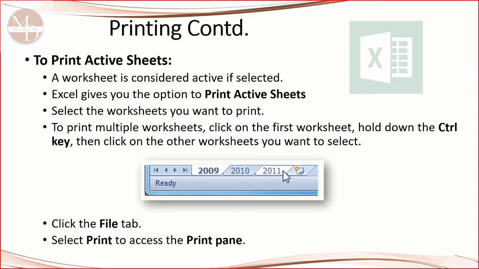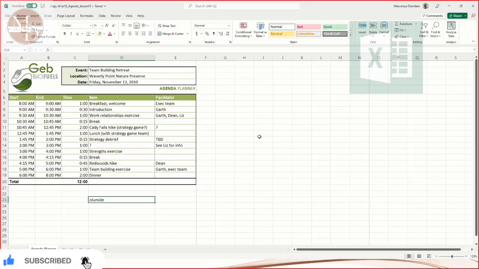Now, a worksheet is considered active if selected. So if you select a particular worksheet, it is active. Select the worksheet you want to print. To print multiple worksheets, you click on the first, hold Control, and then click on other worksheets you want to print.